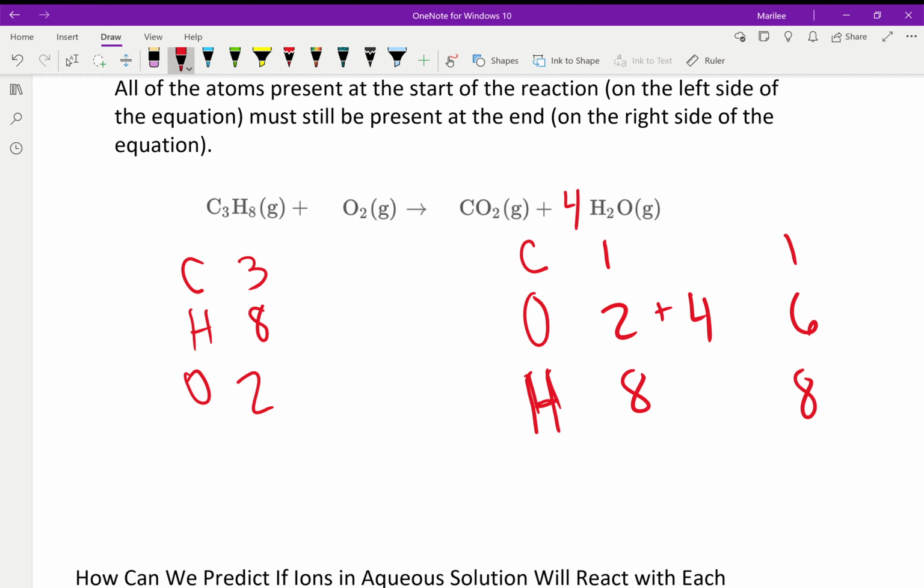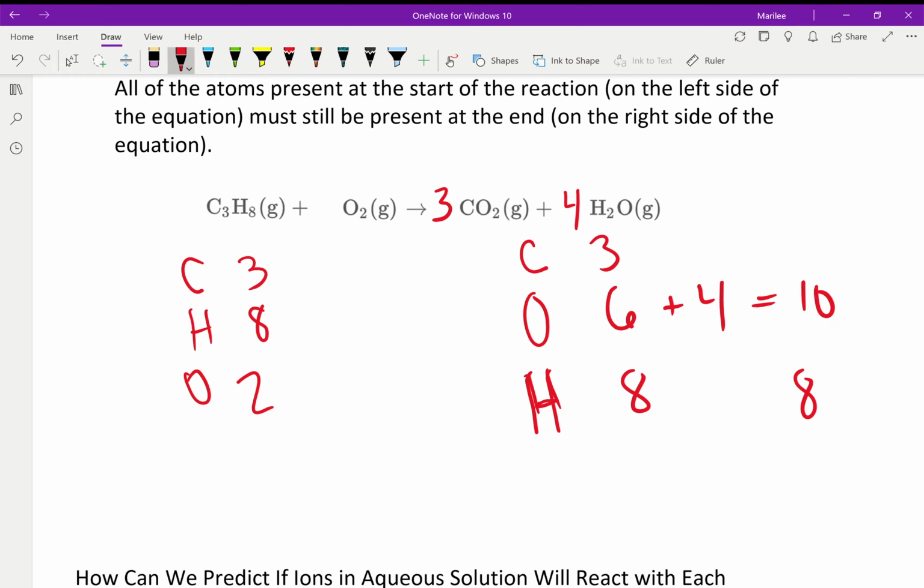So for the carbon, we have 3 on the left side, we have to get 3 on the right side. So let's do 3 here. 3 times 1 is 3. 3 times 2, we have 6 oxygens. So now we have 6 plus 4, that is equal to 10.